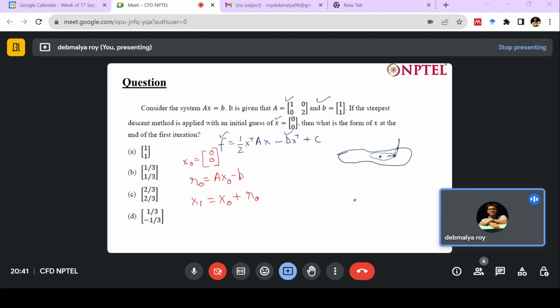If we take the solution point as our reference point, then from there, whatever point we are currently at, this is our r0.